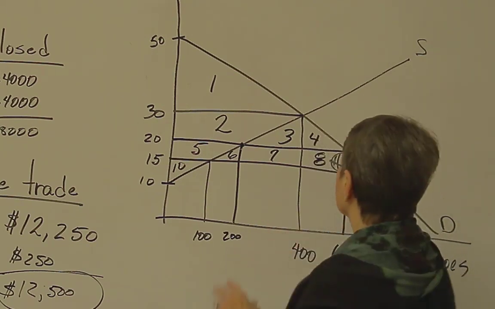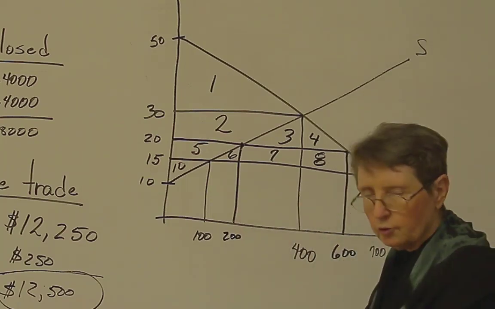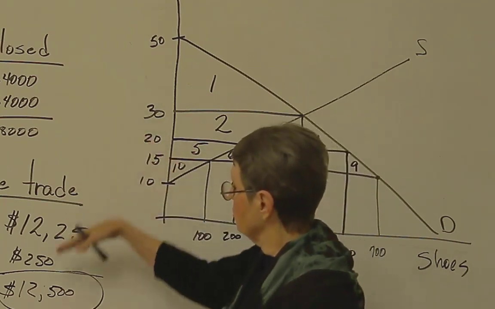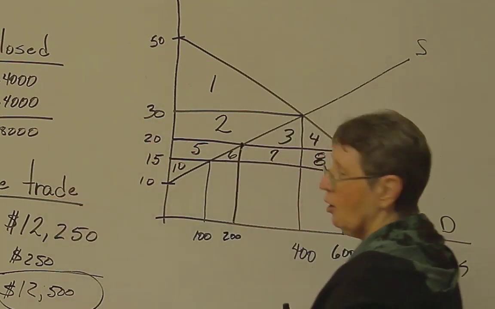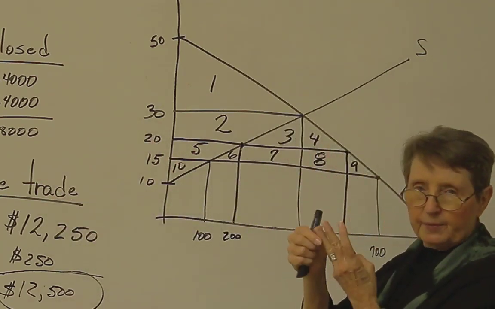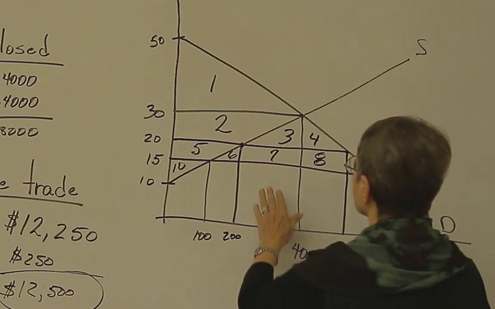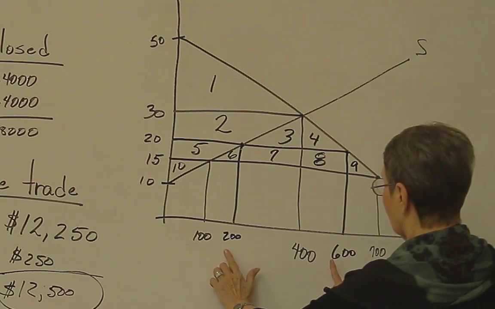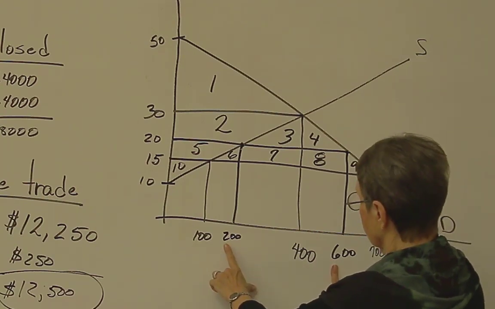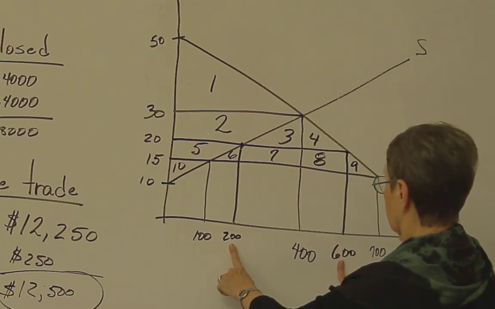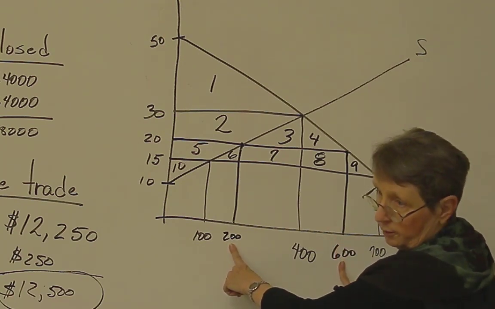Where are they? Well, in fact, what we've done is we've introduced a new actor into our economy. Before, we just had consumers and producers. Now we have consumers, producers, and the government who's collecting this tariff. So areas 7 and 8, because these are my imports right here, these 200 through 600, so 400, are going to be imported.